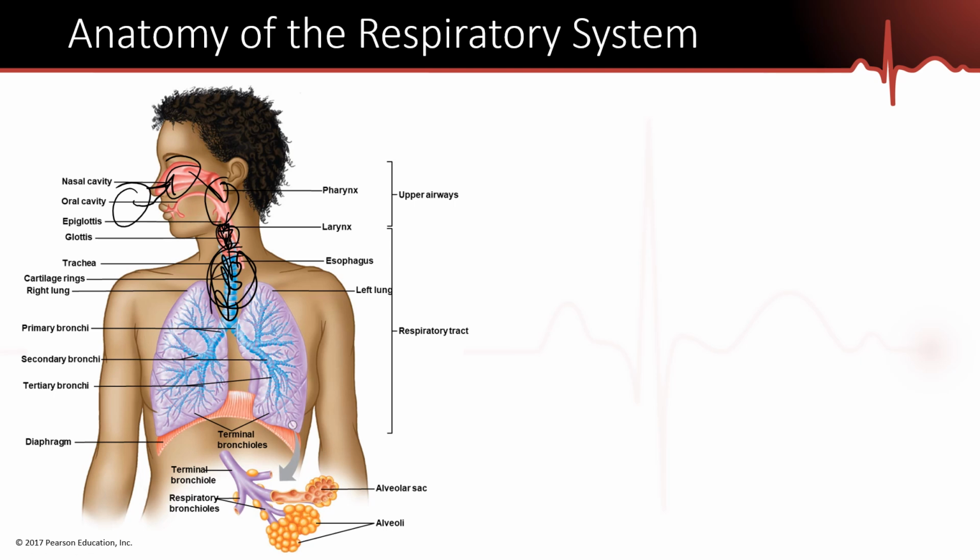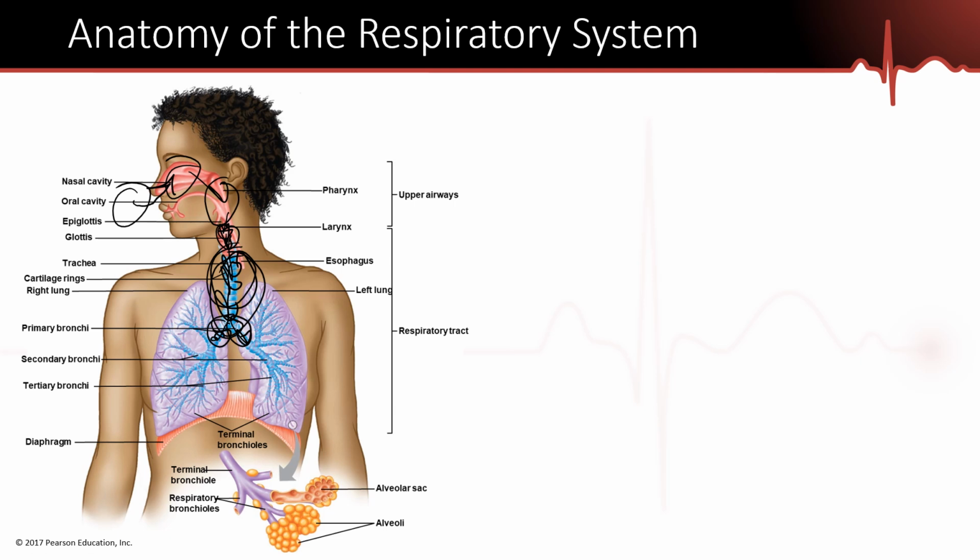And now the air keeps traveling down the trachea until it gets to the bottom or terminal part of the trachea. And then what happens is the trachea bifurcates, right? It splits into what's called a left and right primary bronchi, that's plural, there's two of them.